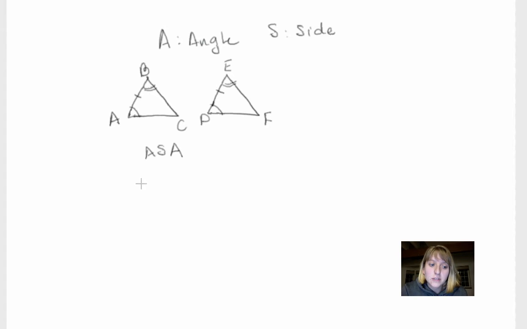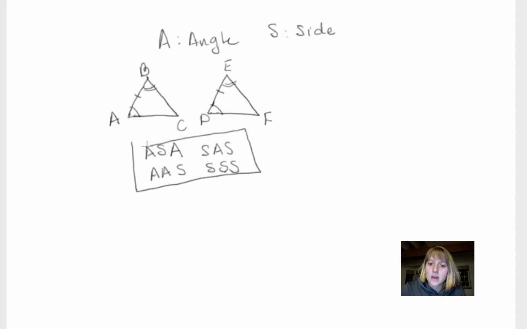Your other options might not be angle, side, angle every time. It can be angle, angle, side; side, angle, side; or side, side, side. So these four options here are how you will prove that two triangles are congruent.